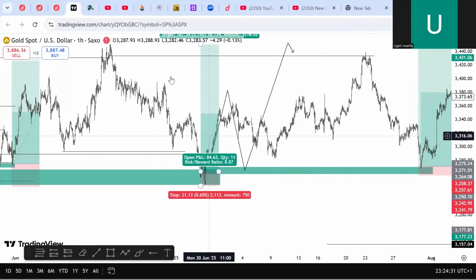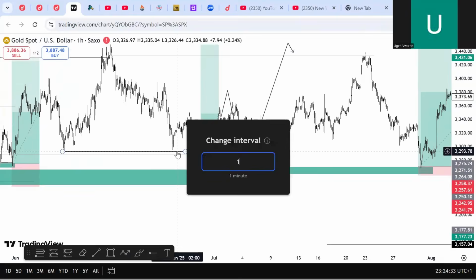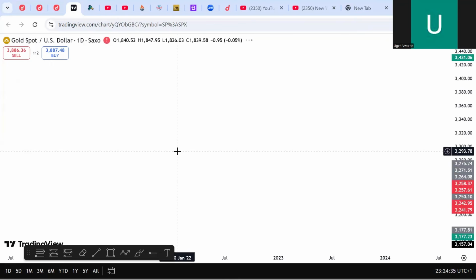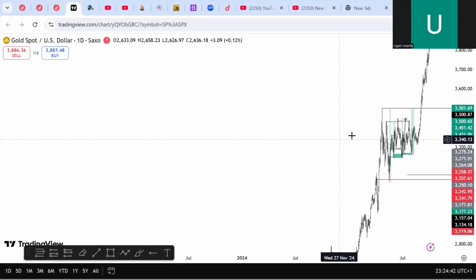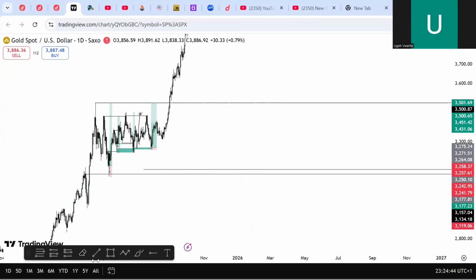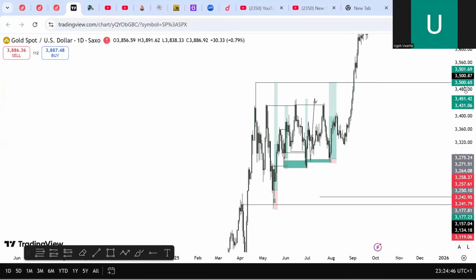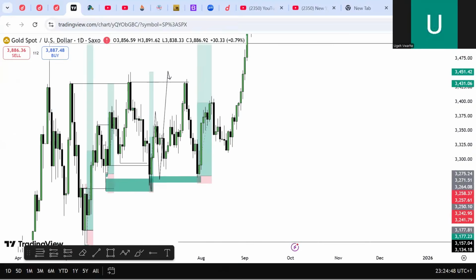Now this buy happened from a daily level. Now let's go to the daily level where it reacted from. And I remember wanting to buy.